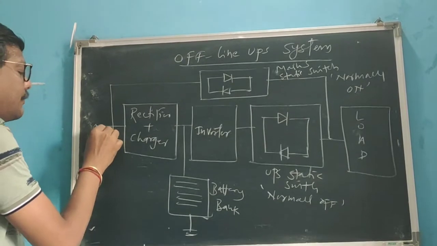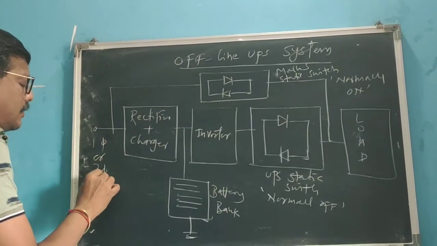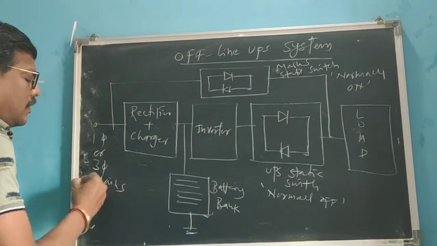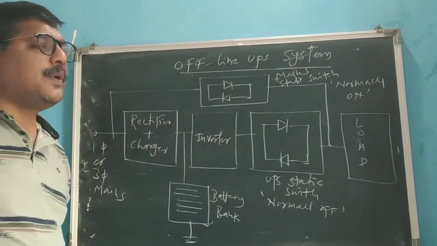And here is the one phase or 3 phase mains. So this is your offline UPS system.